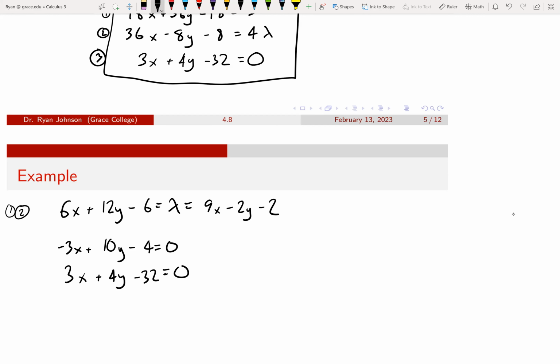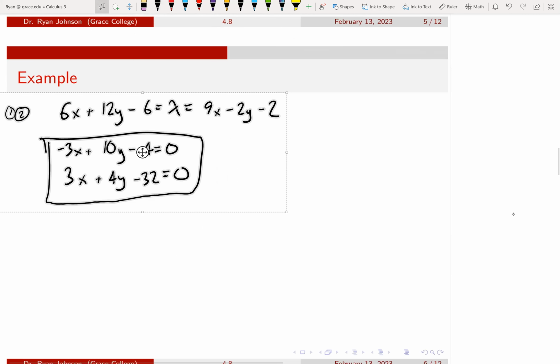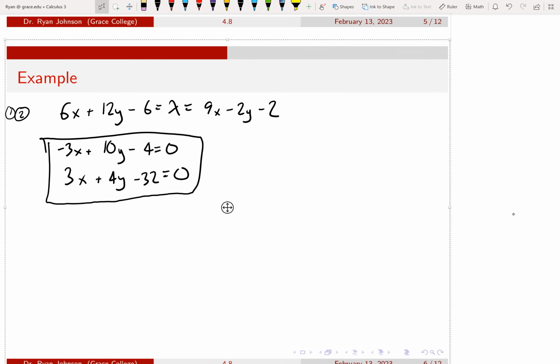Well, looky here. These are my two equations now, and I have two equations and two unknowns. So I'm moving in a simplifying direction. It was good to leave lambda behind because that's a number I don't really care about.